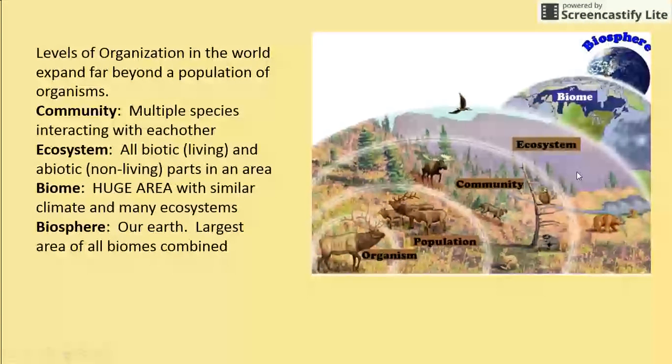So we're now adding in a bear, maybe an eagle, all of this community, but also maybe some water, maybe some rocks, shelter. And we get even bigger and we get into our biome, which is a major, huge part of the earth that has a similar climate. So like North America has a bunch of different biomes that we're going to look into. Then we get into our biosphere, which is all of our biomes together, which is just the earth.